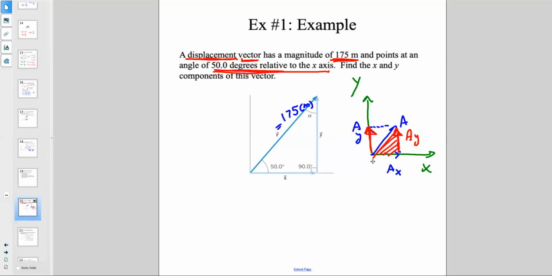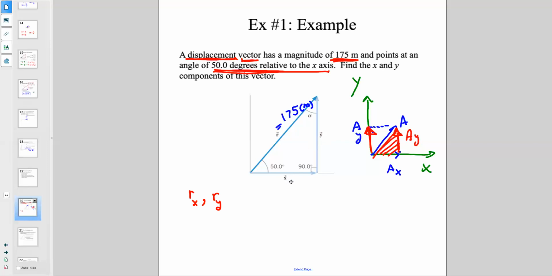Now, it's asking to find those components. It's actually very easy. And by the way, here we are showing the component along x just by x and the component along y just by y. We could have shown them as r sub x and r sub y, r along x or r along y, or just x and y.